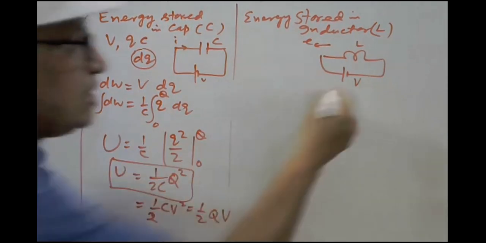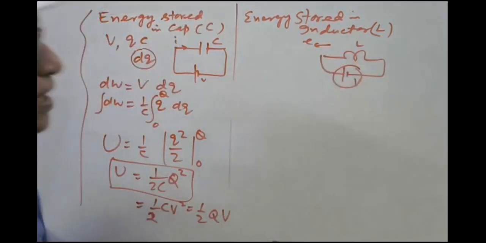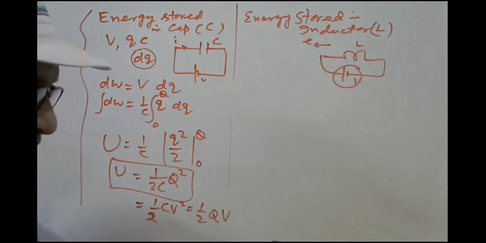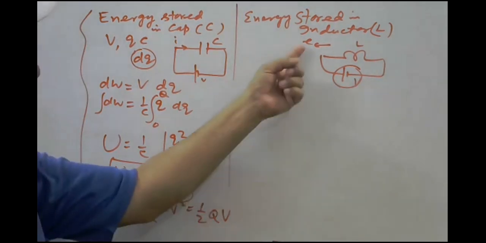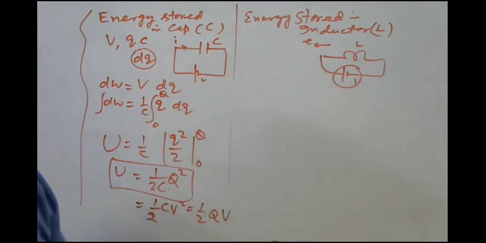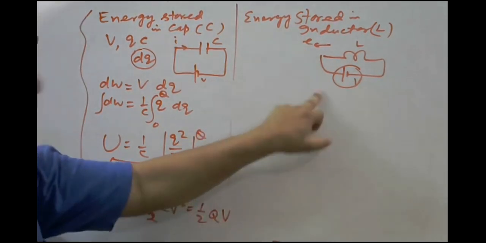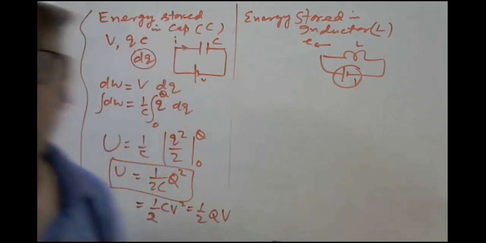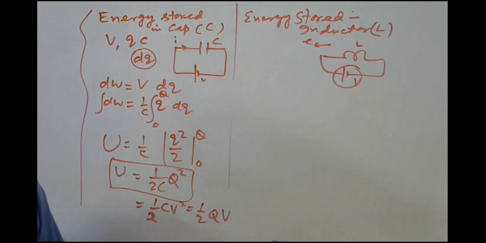Whether you are giving AC or DC, in all cases, induced EMF develops as per the Faraday law. This induced EMF opposes the supply voltage, as per Lenz law, it should oppose, and it is actually opposing.